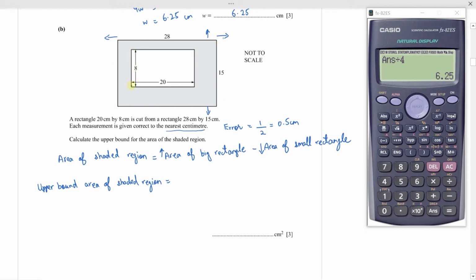And then since I'm subtracting this out of the big rectangle, I need to make this as small as possible, right? So to make this smaller, I will decrease the length like this, and then decrease the width as well to make this slightly smaller.